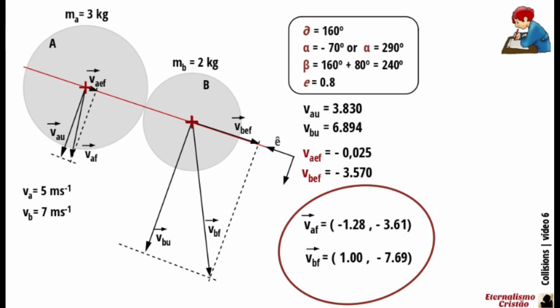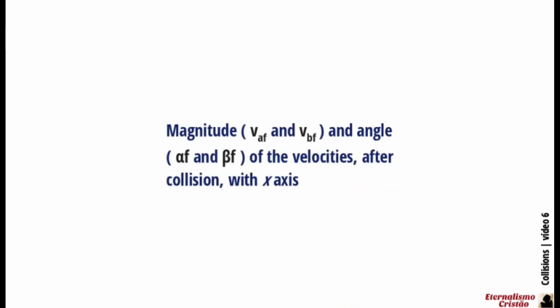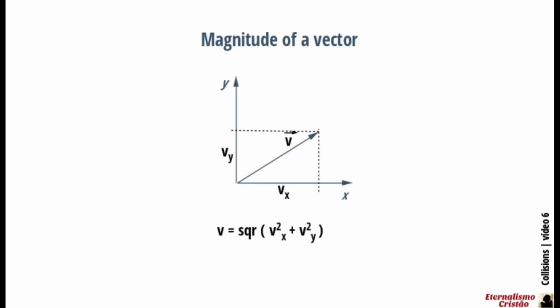Now you have it all. In order to have the visual feeling of the final velocity vectors, we need to find its magnitude and angle with the axis x. We know this from middle school. And this.